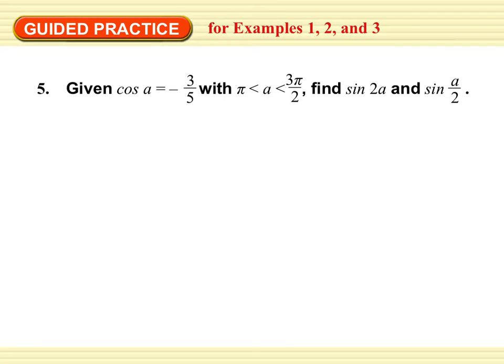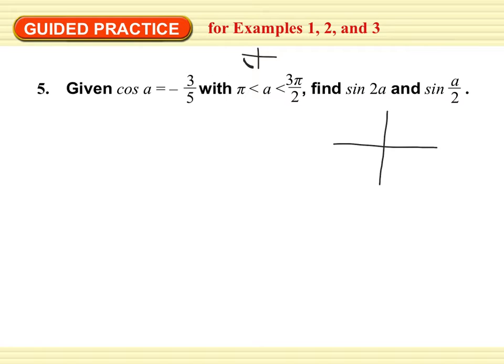Okay, last problem. So given cosine A is there, and I'm in the third quadrant, find sine 2A and sine A over 2.